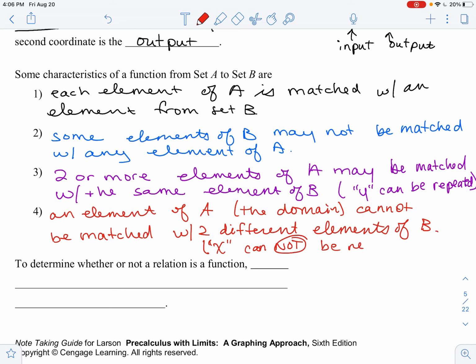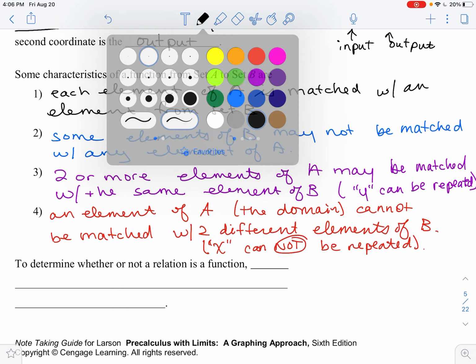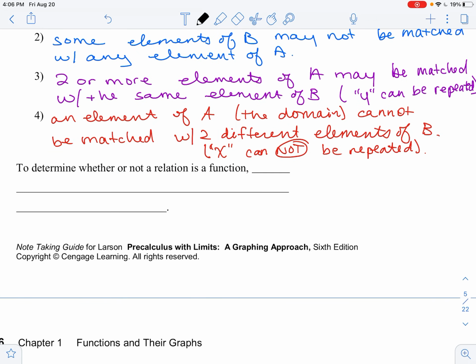Okay, that's lots of writing. So to determine whether or not a relation is a function, basically you're going to look to see if the numbers in the first set have any repeating values.